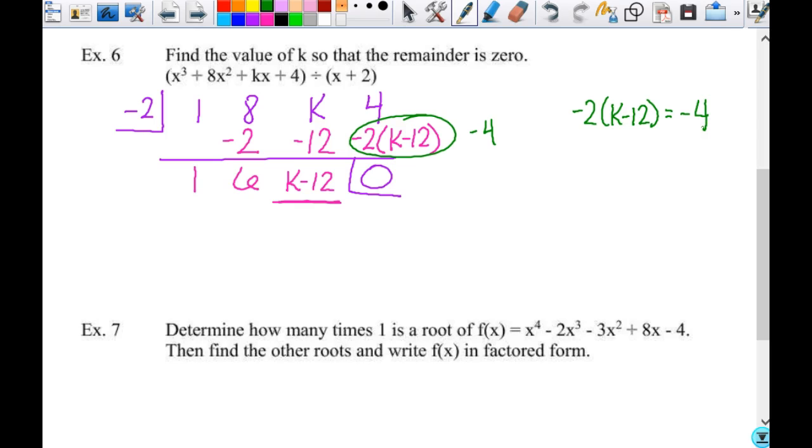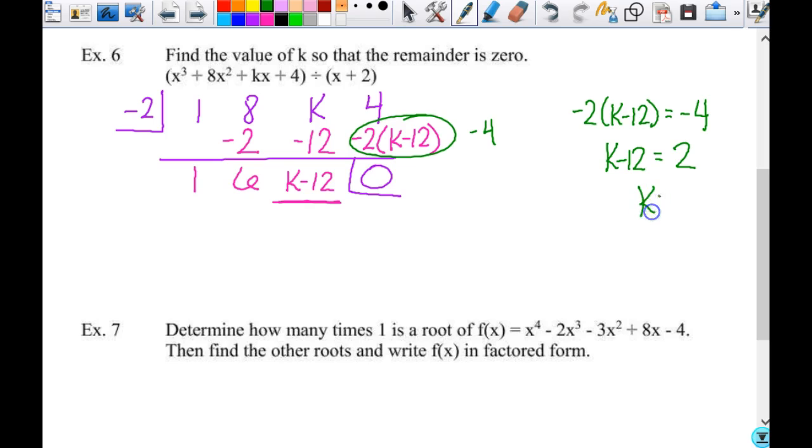Does that make sense to you? Super duper easy little tiny equation, because I just went through and did it just like I would anything else. Just because there's a variable there doesn't change your steps in your process. You just have to know what you need that to be. And so now that I have that here, do I have to distribute the negative 2 first? No. I can go ahead and divide and just get then k minus 12 equals what? 2.